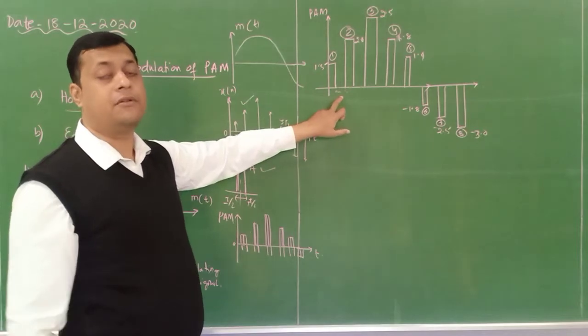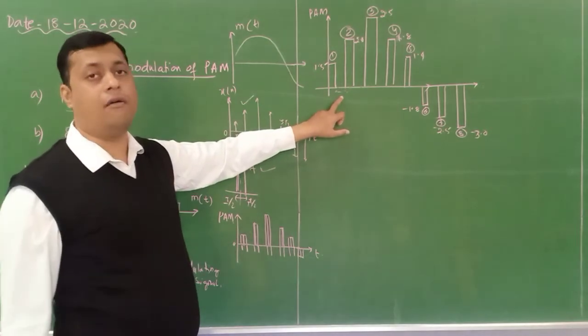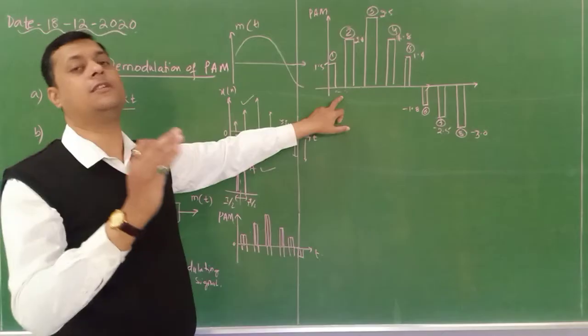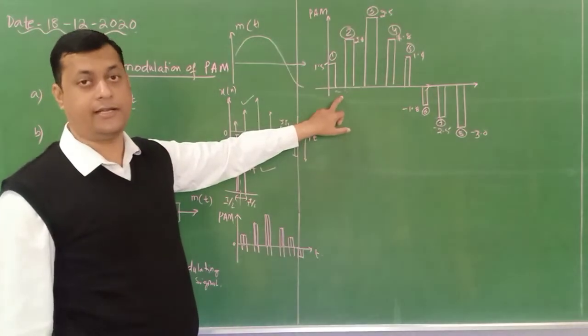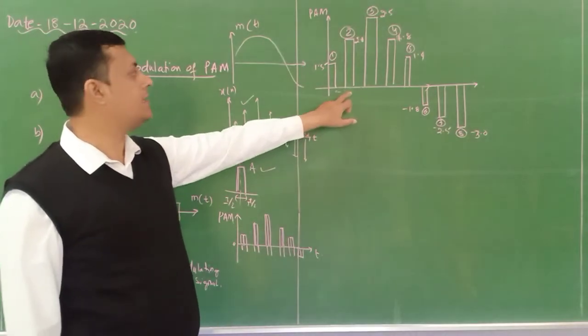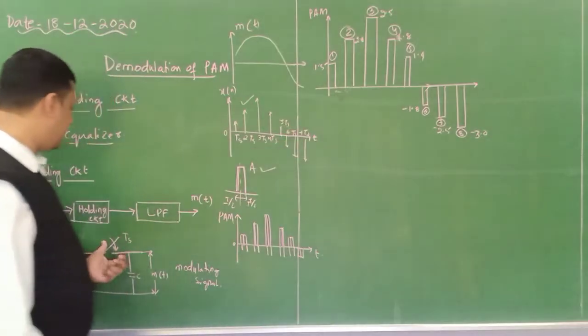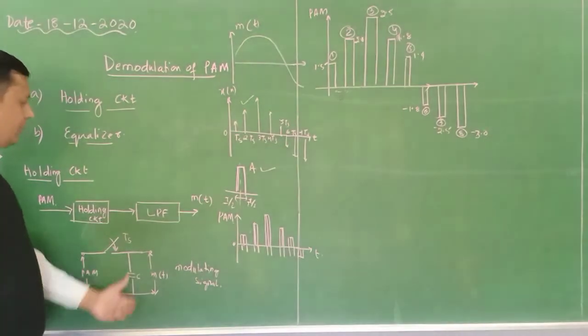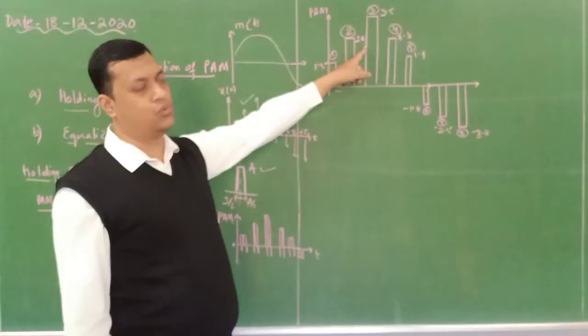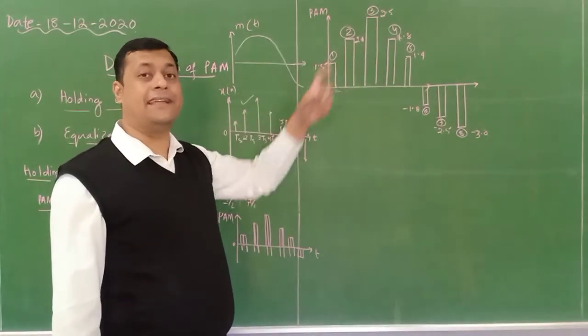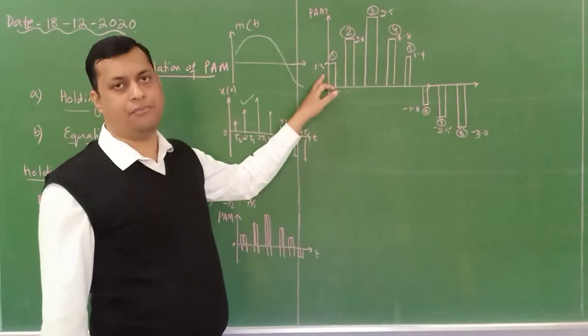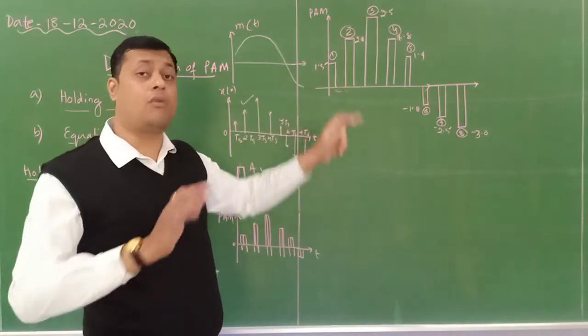Because when it is switched off, the capacitor will hold the particular potential until the next pulse reaches. When the next pulse reaches, again the switch will be closed and the new potential is added, that is 2. Initially we have 1.5, now we are receiving 2. So what is the difference?